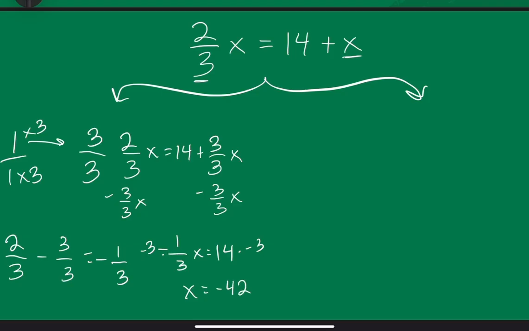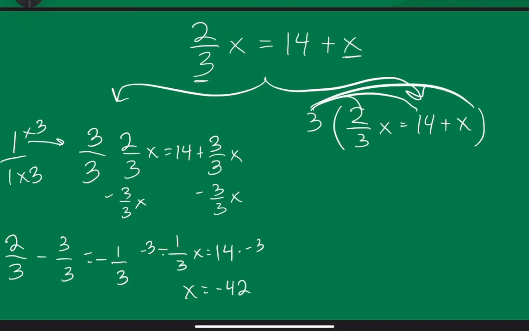But now let's try another way, where basically we could turn this 2 over 3 into a whole number by doing kind of like an inverse LCD. So we're going to multiply everything by the denominator of our fraction, which is 3. So I'm going to multiply this entire equation by 3, and I'm going to distribute that 3 to every single term.